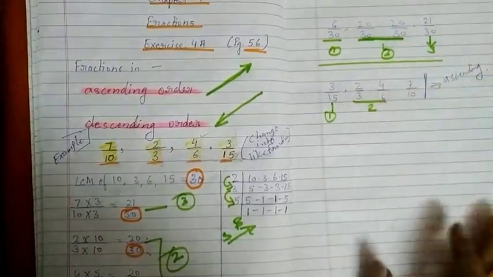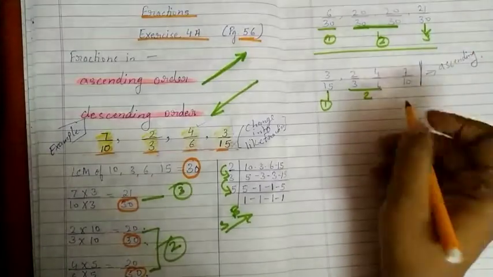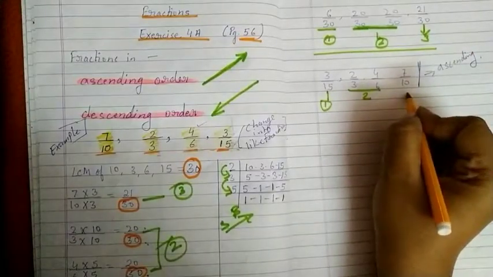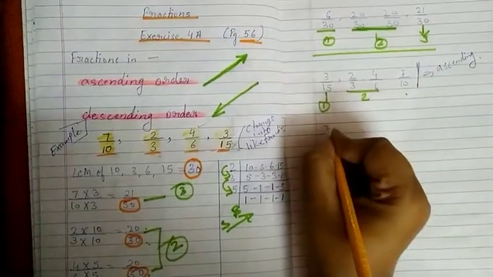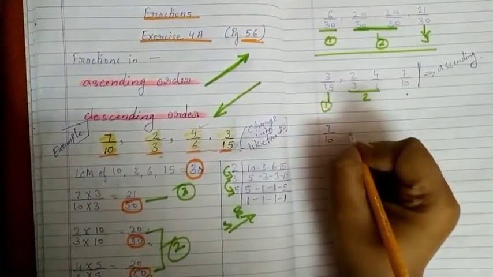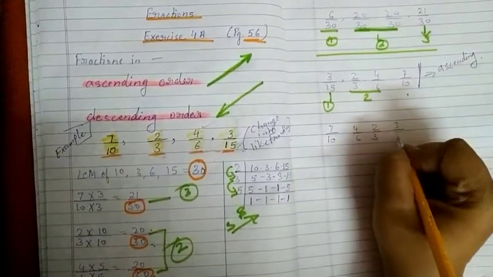Clear? When you want to write the same numbers in descending order, what do you have to do? You have to simply write from this side. So how are you going to write? 7 upon 10, 4 upon 6, 2 upon 3 and 3 upon 15.